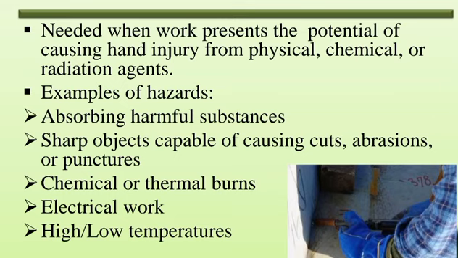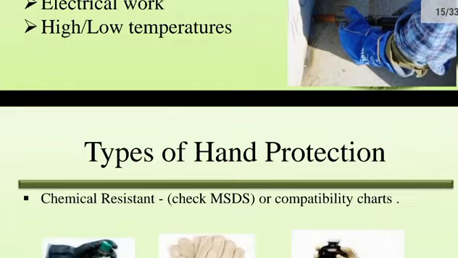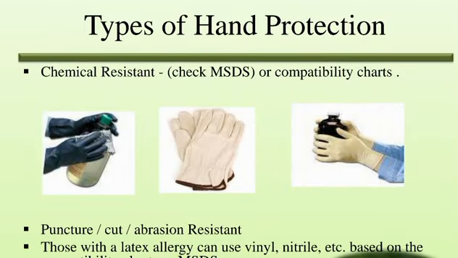Repetitive motion injury occurs when the jobs require repeated rapid hand movements over a long period of time. Most of these injuries are musculoskeletal disorders. To protect hands against these kinds of injuries, we should do the following. These are the types of hand protection. First, what exactly do we need to do to protect our hands?